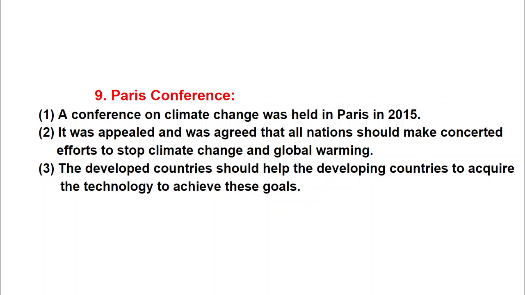An appeal was made in this conference that all nations should make concerted efforts to stop climate change and global warming, and that the developed countries should help the developing countries to acquire the technology to achieve this goal.